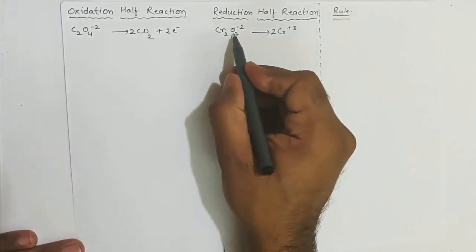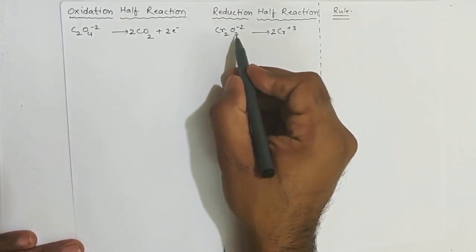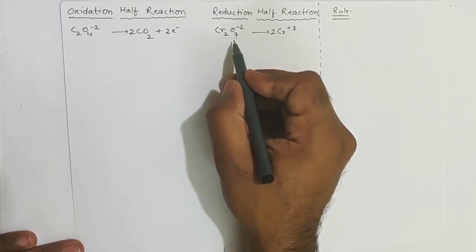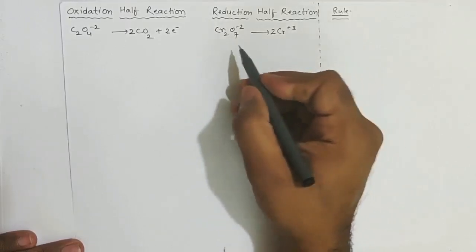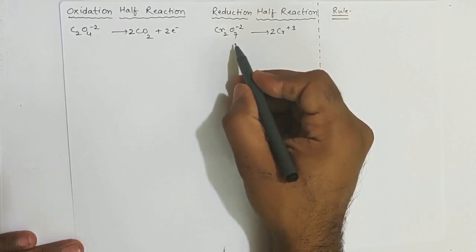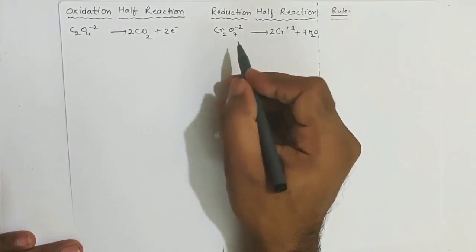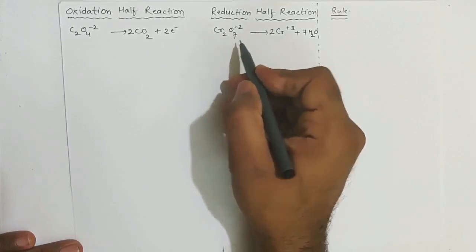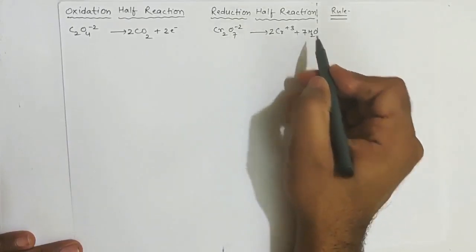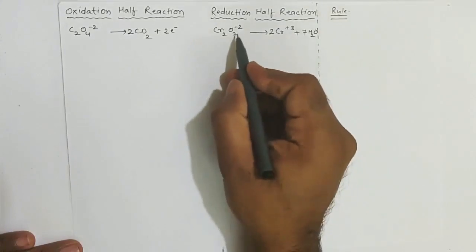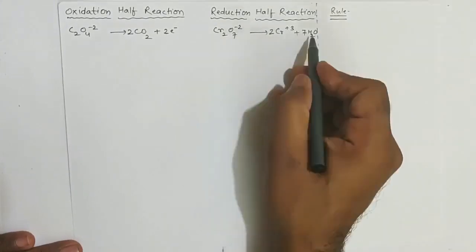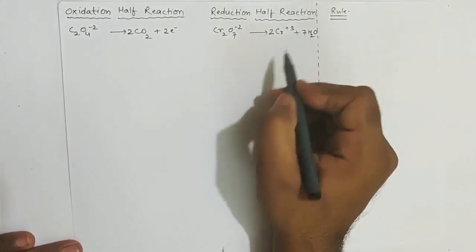As you can see, there are a total of 7 oxygen atoms at the reactant side. So for balancing oxygen, we will add an equal number of water molecules to the product side. Because at the reactant side there are a total of 7 oxygen atoms, we will add 7 water molecules at the product side. Now this reaction is balanced in terms of oxygen atoms.